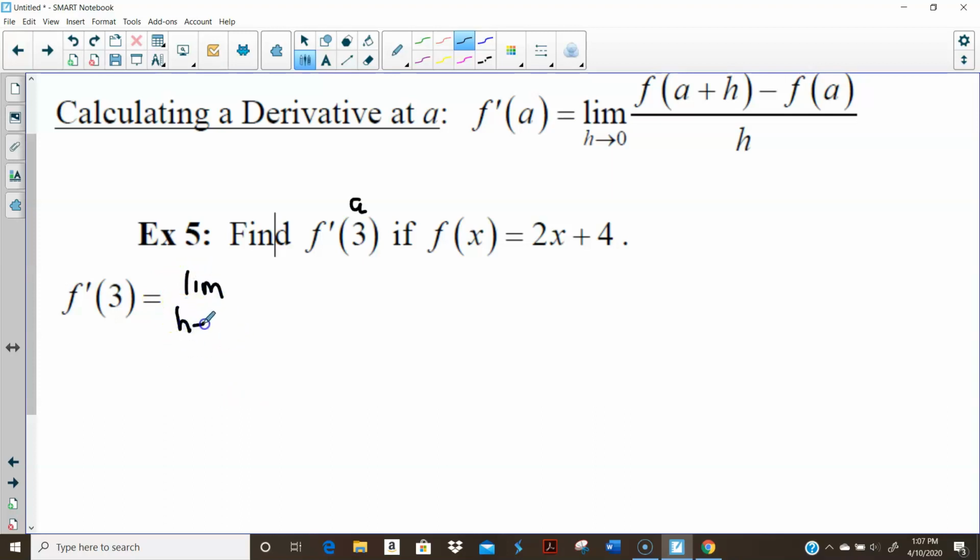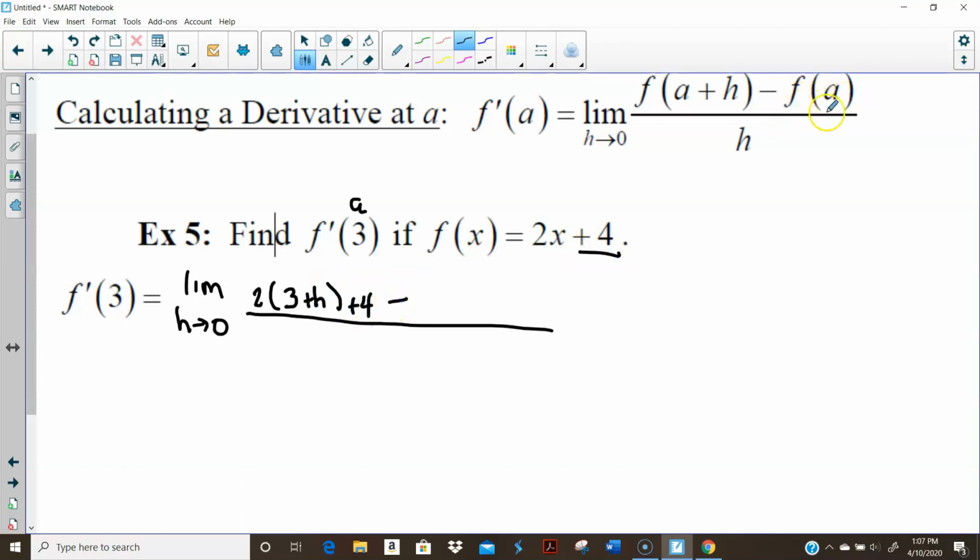So the limit as h approaches 0, and let me remind you what f of a plus h means. Everywhere in function f that I see an x, I'm going to plug in a plus h. So I have 2, then I'm going to plug in a plus h. I'll go ahead and put in 3 right now. So a is 3 plus h. And then don't forget, you still have the plus 4.